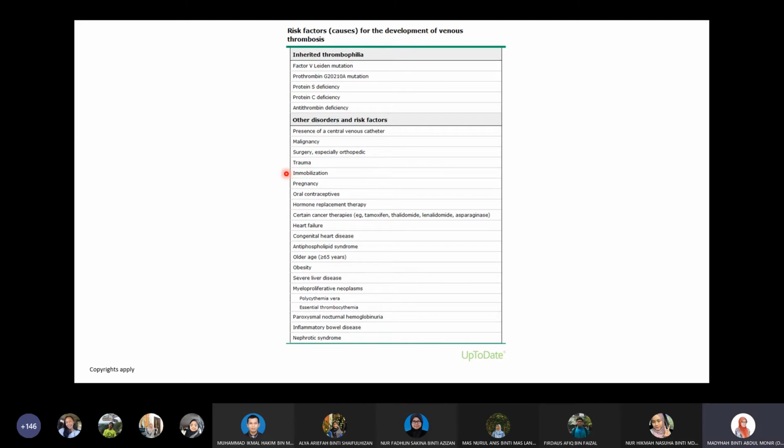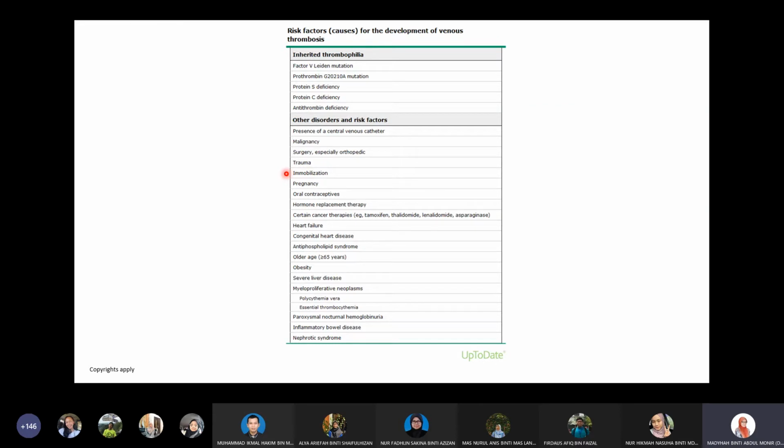If you remember Virchow's triad, there are 3 main factors, but usually in venous thrombosis, the abnormality in blood flow, which is stasis, and also the hypercoagulable state will be the main contributing causes in the development of venous thrombosis.